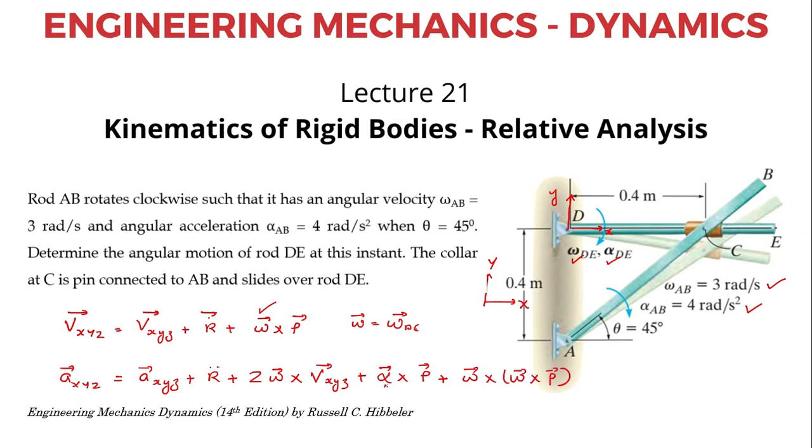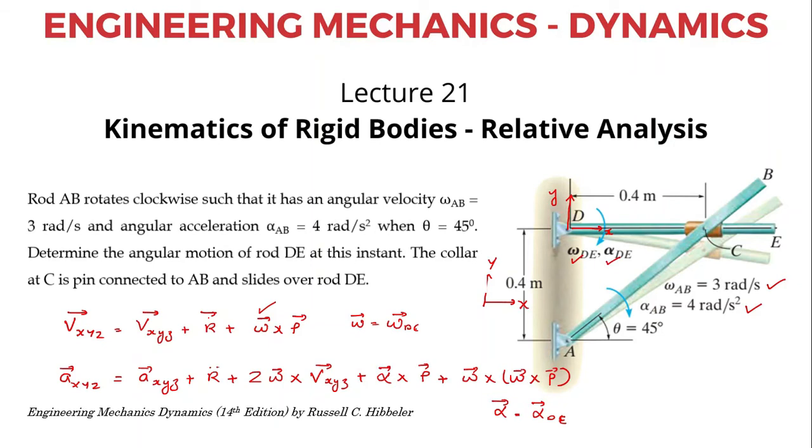Here the alpha vector is alpha DE vector. This you have to keep in mind. The first step in any question related to kinematics of rigid bodies is to fix the reference frames capital xyz and small xyz properly.